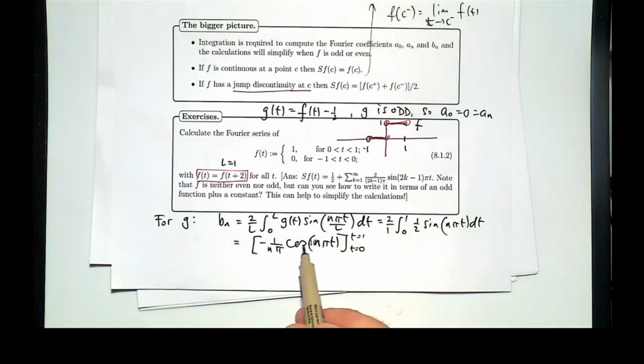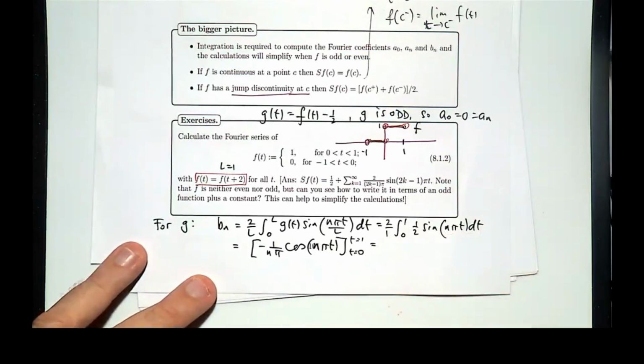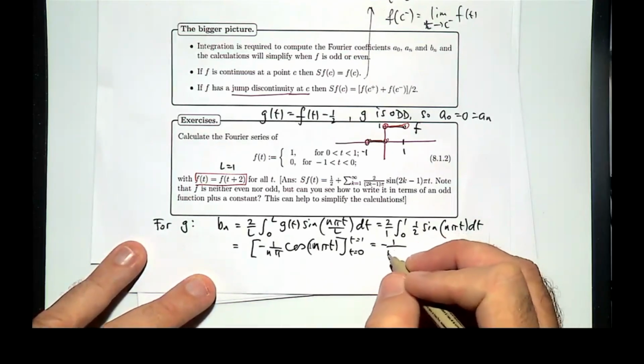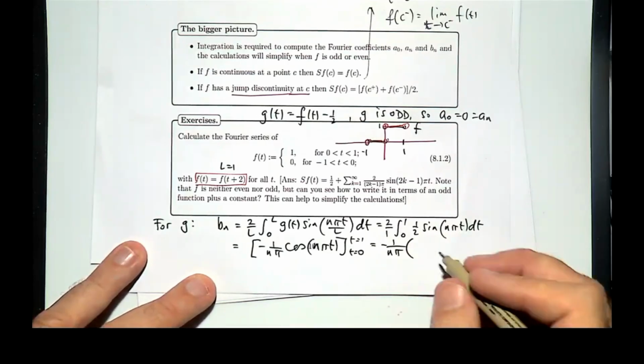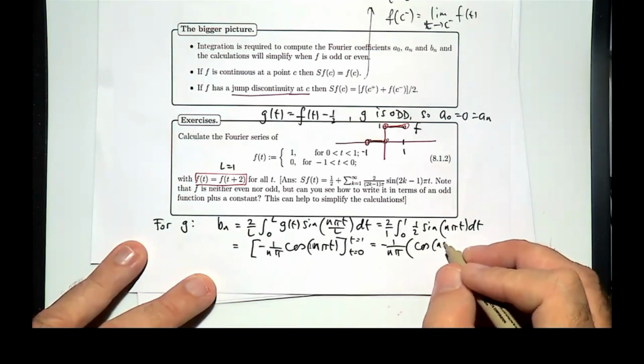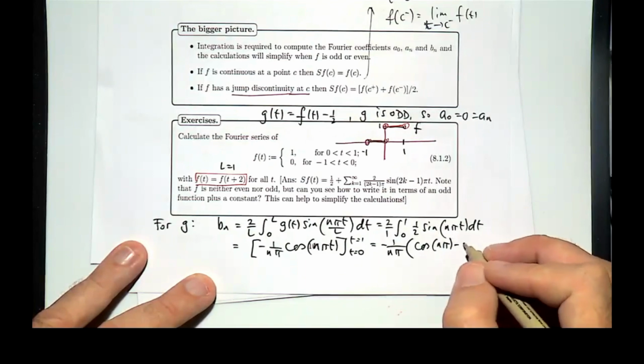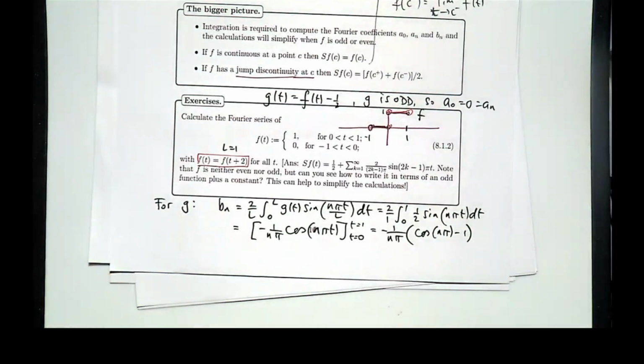When I put in t equals 1, I'm going to get my old friend, cos n pi.